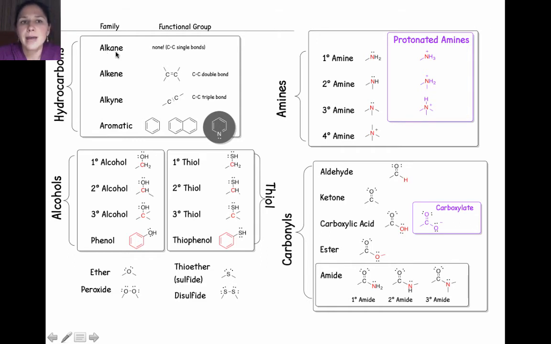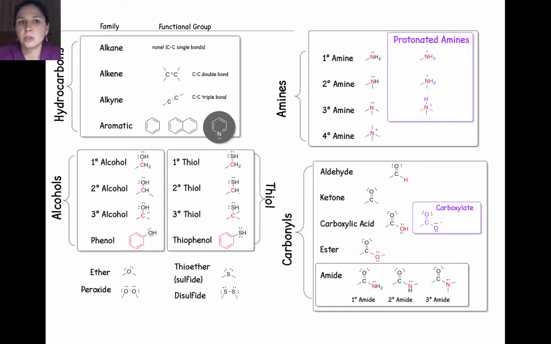And alkanes are just regular old hydrocarbons with just carbon-hydrogen bonds. There's no double bonds. There's nothing fancy. And this is a family name. It's not technically a functional group, so don't call it a functional group. But it's worth mentioning because it is one of the main things that we'll be talking about this semester.